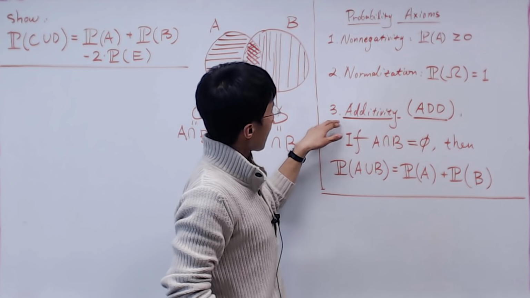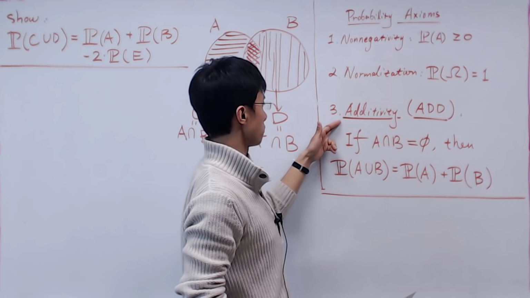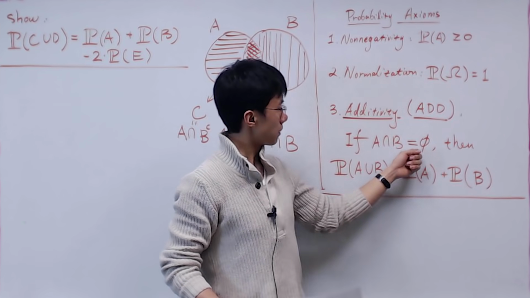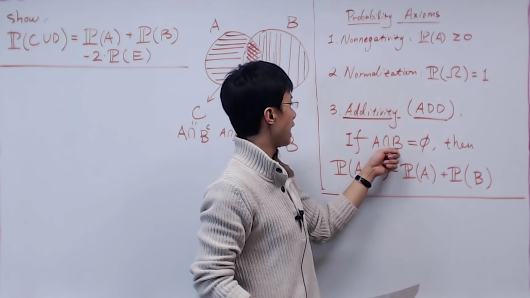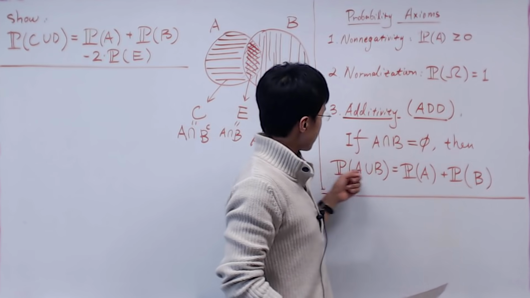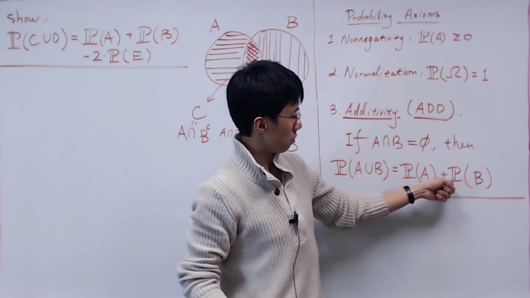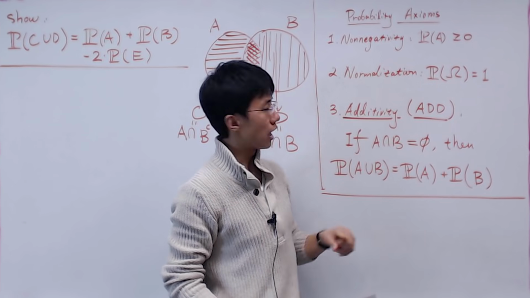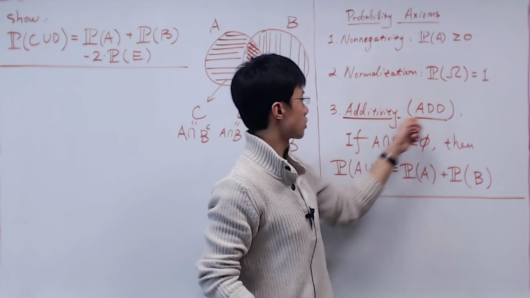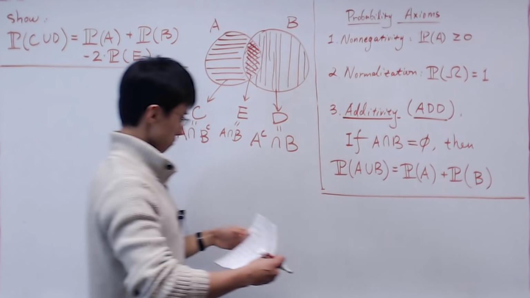And finally, the additivity axiom, which will be the axiom that we're going to use for this problem, says if there are two events, A and B, that are disjoint, which means they don't have anything in common, therefore the intersection is the empty set, then the probability of their union will be equal to the probability of A plus the probability of B. For the rest of the problem, I will refer to this axiom as add, so whenever we invoke this axiom, I will write add on the board.